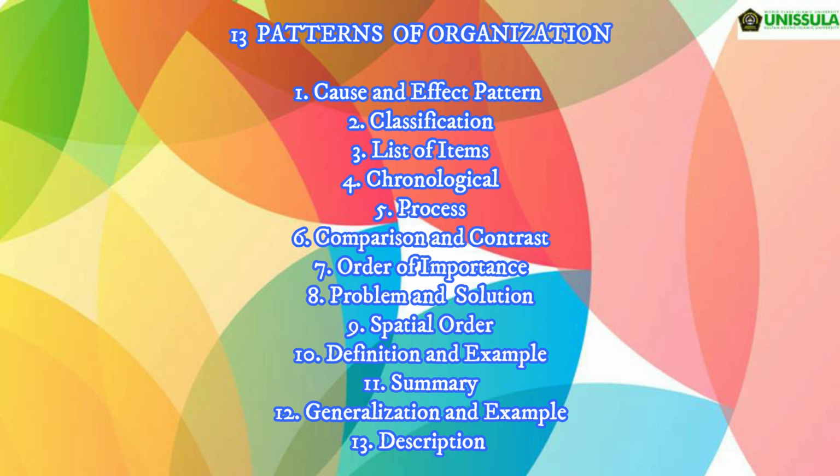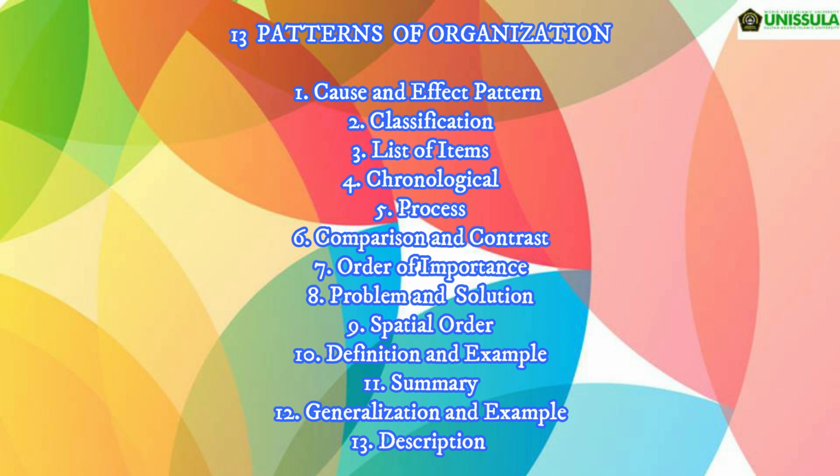And then problem and solution. And then spatial order, definition and example pattern, summary and generalization and example pattern, and the last will be description pattern. Now you will know one by one the characteristic of each paragraph, the signals, and the example of a text or a paragraph.